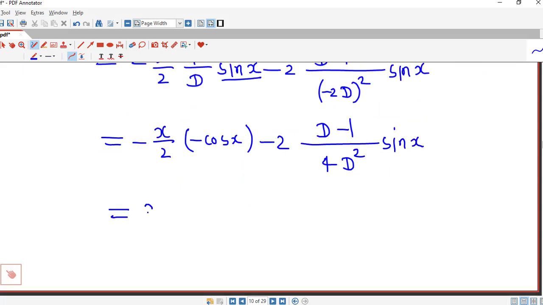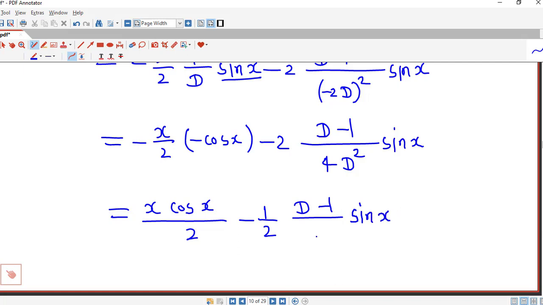And this we can rewrite as negative negative positive, x into cos x over 2. Here minus 2 by 4, that is going to be minus 1 by 2, D minus 1 as it is, and again we put D squared equal to minus 1. So here we have minus 1, and we are using that the coefficient of x in sin x is 1.